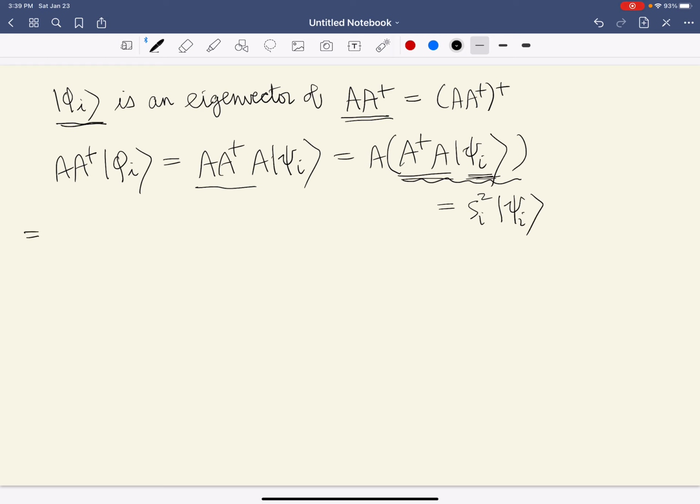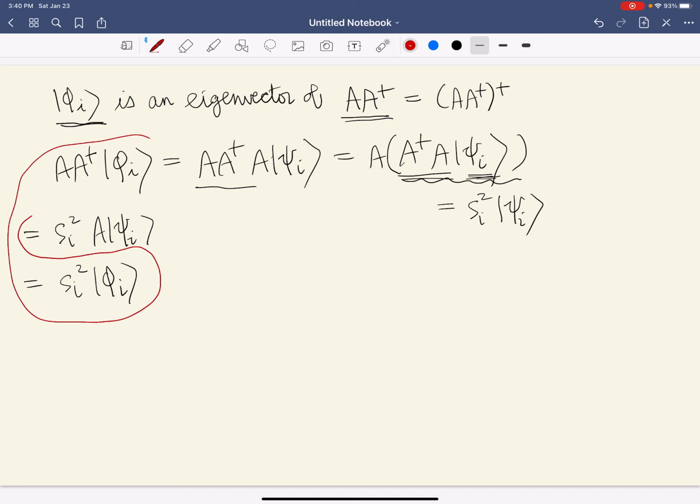So the result of this operation is s i squared times A psi i. But A psi i was, by definition, phi i. So then we have this relation: A A dagger acting on phi i equals the same eigenvalue as before, multiplying the phi i state, which means that phi i is an eigenstate of the other Hermitian matrix, namely A A dagger.